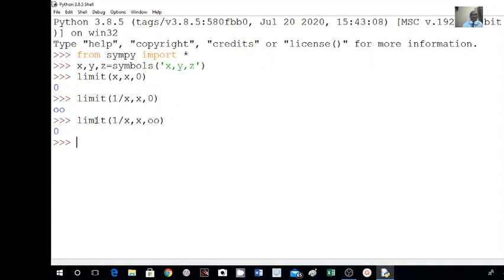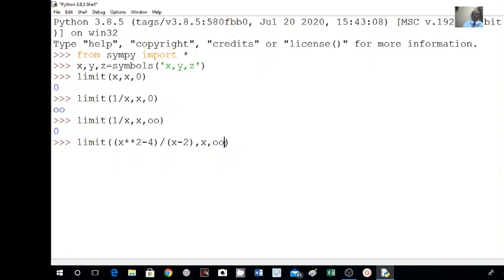And limit of x square minus 4, in bracket I will write x double star 2 minus 4, close bracket, divided by open bracket x minus 2, bracket close.